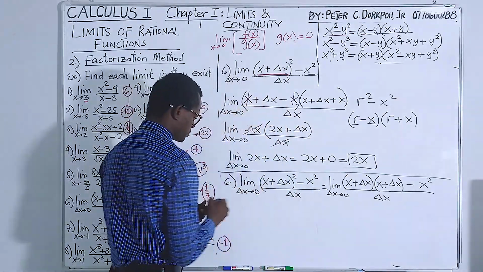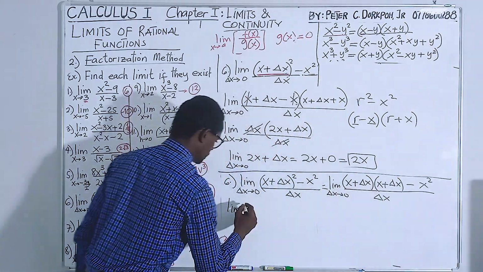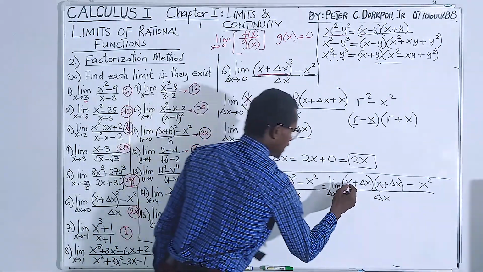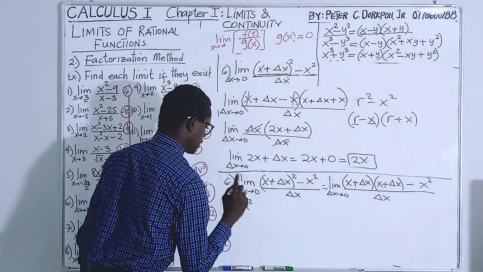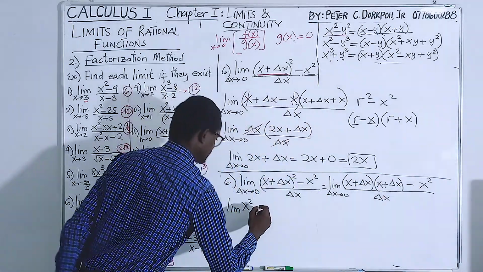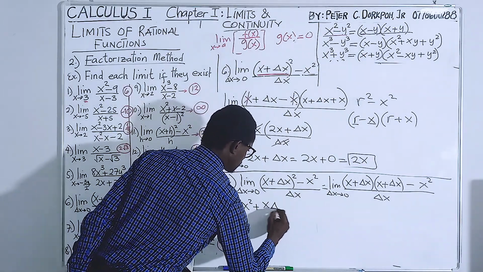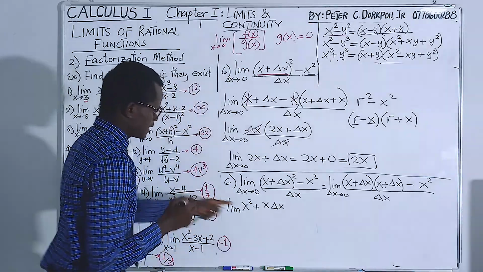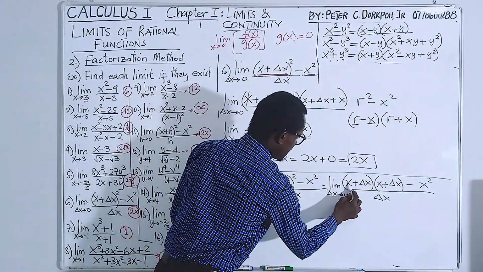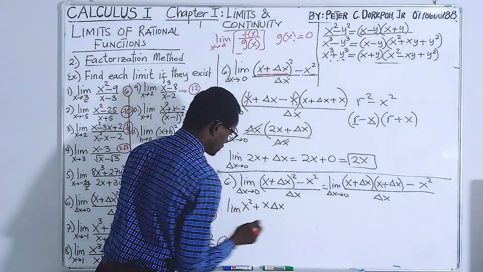So we can apply the FOIL method. We have the limit, we multiply the first term, x times x is x squared, x times Δx. Now, you don't say x times Δx is x squared. You're just going to say x, and then you write the Δx beside it.